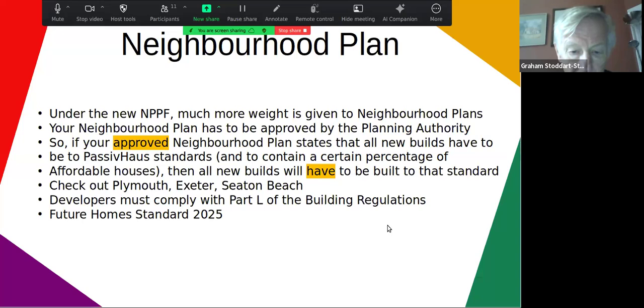So he would like it to be a low number. You would probably like it to be much higher, a larger number. But if you state it in your neighborhood plan and it's been approved by a local authority, then that's what you'll have to get in the future.